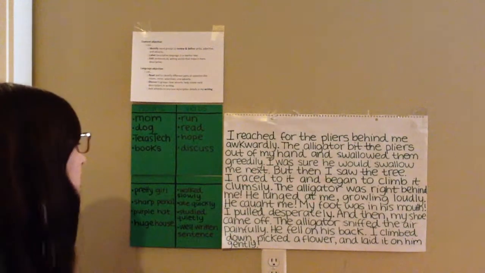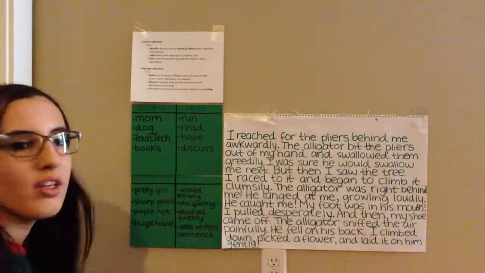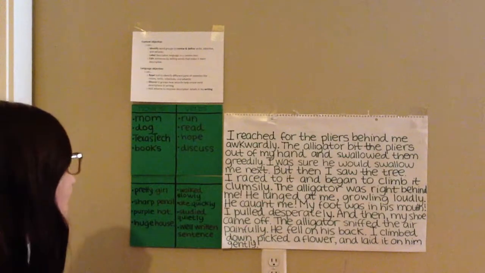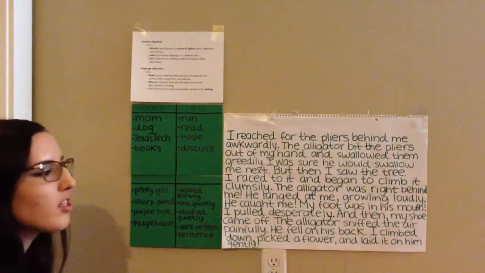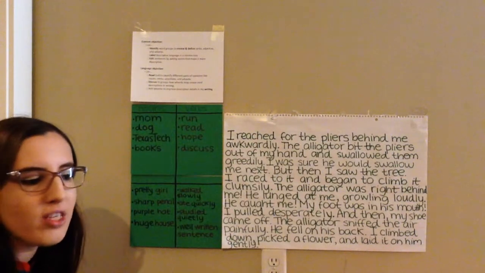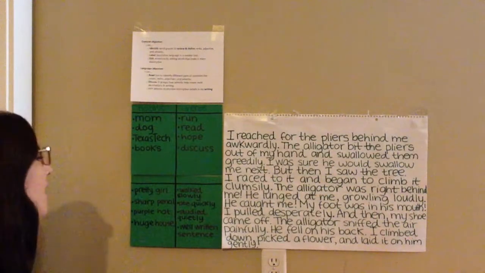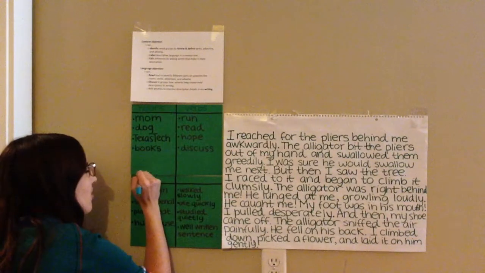Talk to your partner and tell them, what are these words doing? Good. I hear people saying that these words are describing the words in red. So this means that they're describing words. What do we know about describing words? What category do they go under? Good. Adjectives describe. So let's go ahead and label this table adjectives.